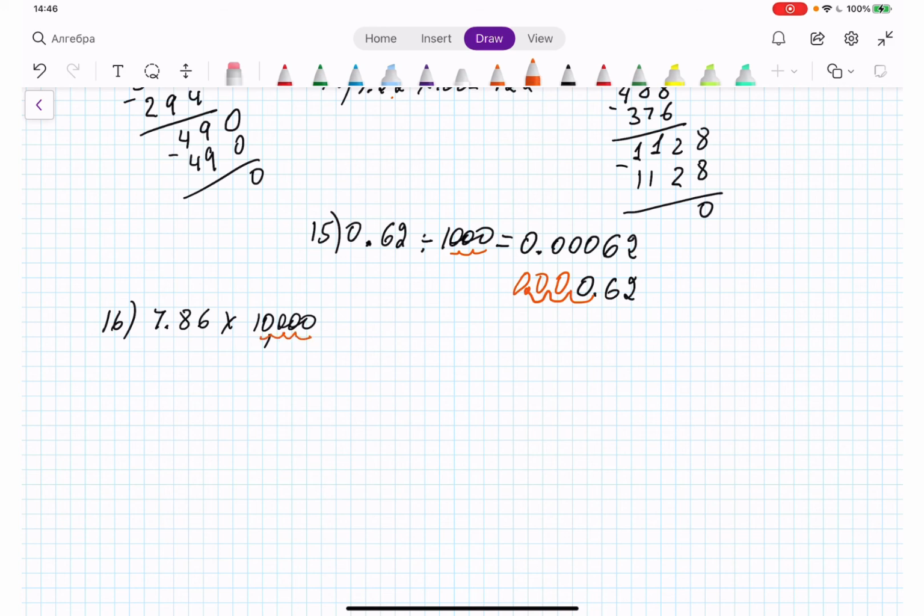Which means I'm moving by 4 positions, 4 digits: 1, 2, 3, 4, and I'm filling out with zeros. Let me move this down. And my answer is going to be 78,600.